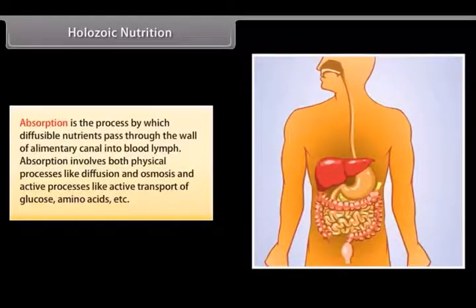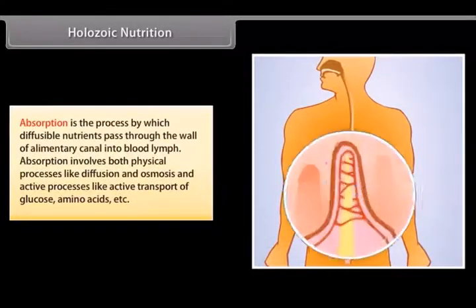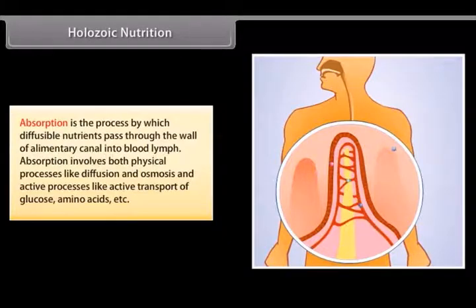Absorption is the process by which diffusible nutrients pass through the wall of alimentary canal into blood-lymph.